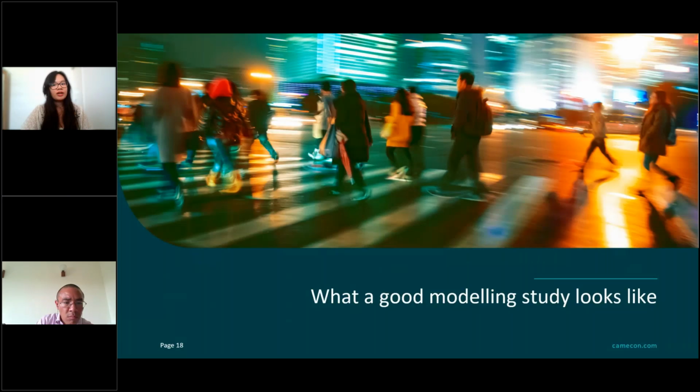Now that we have established a baseline understanding of the different model types and the foundation for a good modeling study, we'll dig deeper into what modeling actually entails based on our experience and what it can tell us about the jobs question that we had earlier.